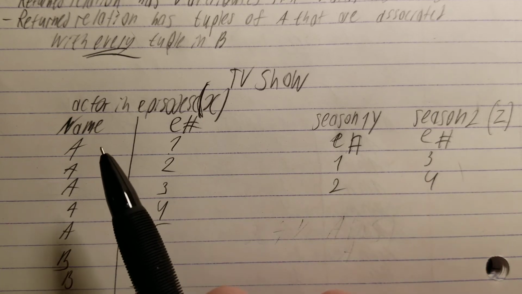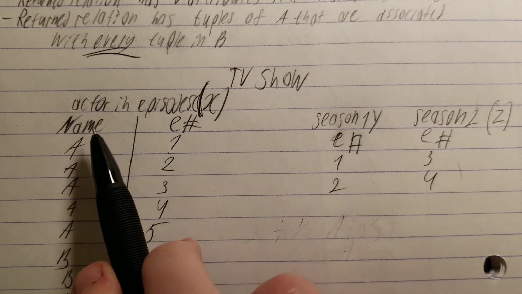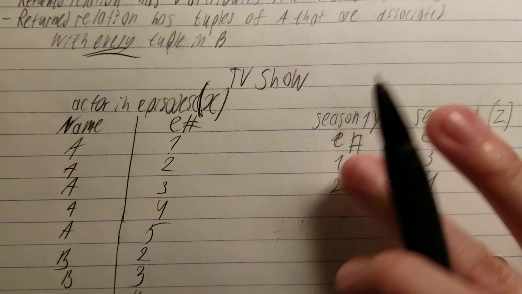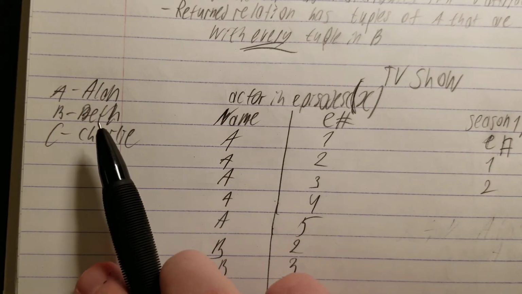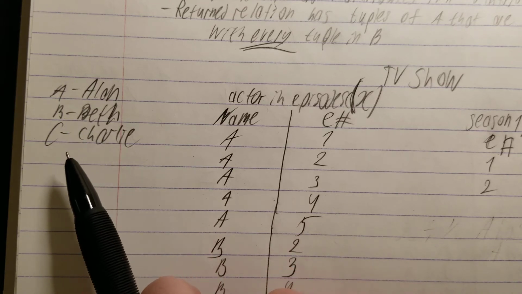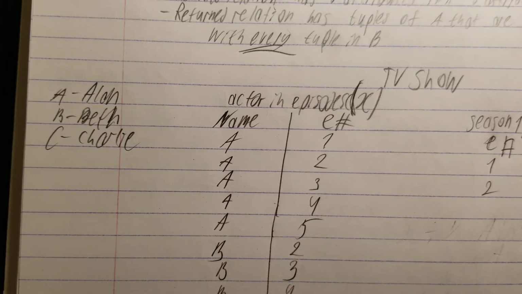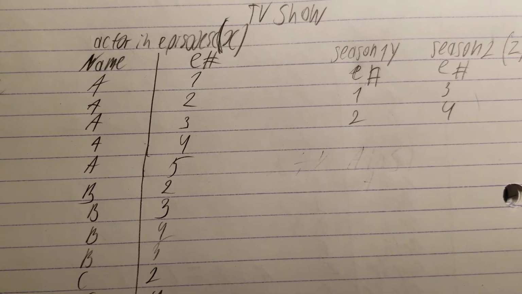Now here we have a table, actors in episodes, denoted by X. Here are the names of the actors and the episodes that they were in. And here's a little legend for this table. Basically, A for Alan, B for Beth, C for Charlie, pretty much just for simplicity, to kind of make it a real life example.